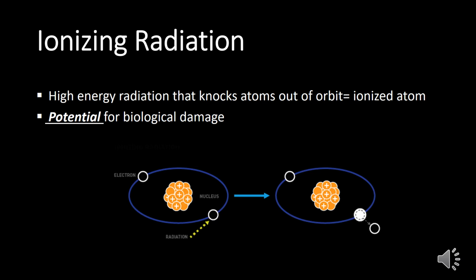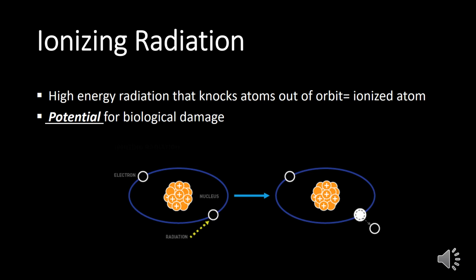So think back to your atom structure with your nucleus in the middle and your electrons orbiting around in the orbital shells. It's those orbiting electrons that are going to be knocked out of orbit with ionizing radiation. So we have this high energy, let's say it's an X-ray photon, coming at this atom.